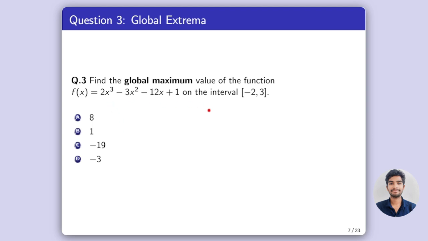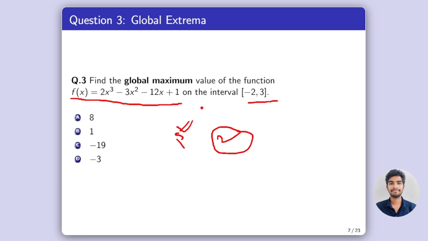Find the global maximum value of the function on the interval minus 2 comma 3. This question is very simple. Here this is the expression and this is the interval. First we take the first derivative. After that we get two critical points, right?